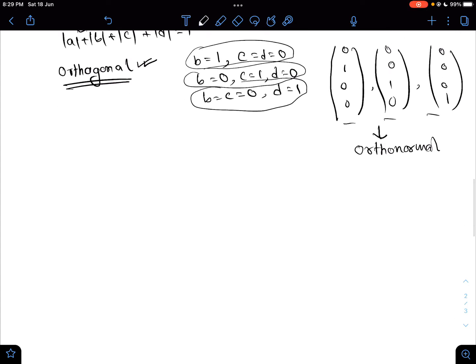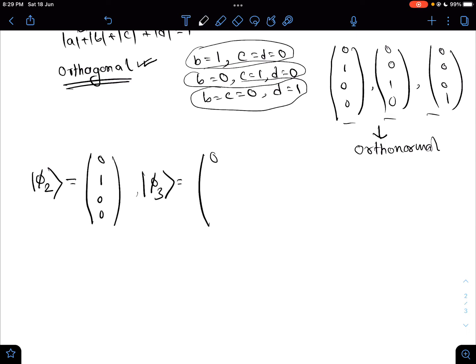So our eigenstates corresponding to the eigenvalue 3 E0 are 0 1 0 0, 0 0 1 0, and 0 0 0 1.